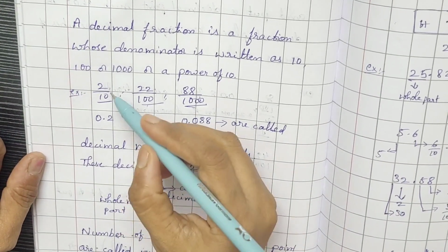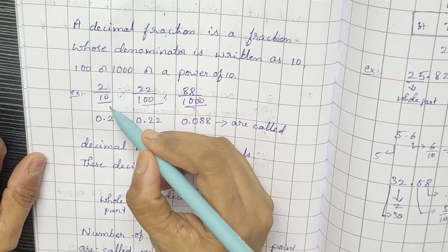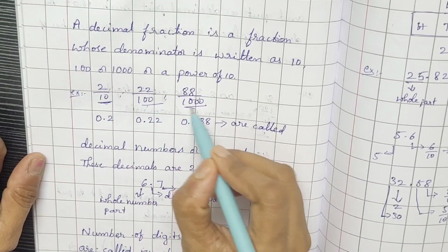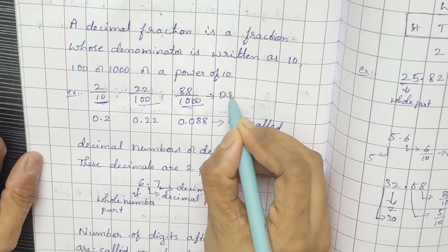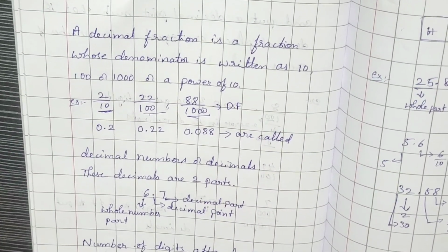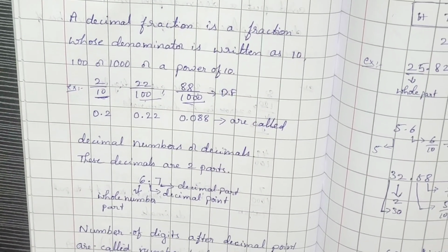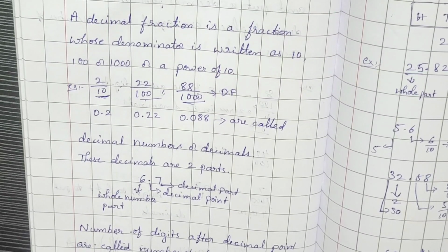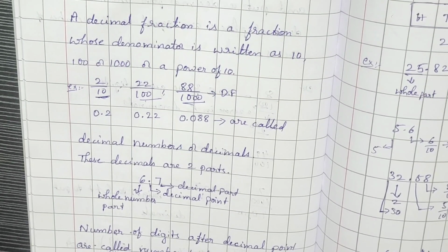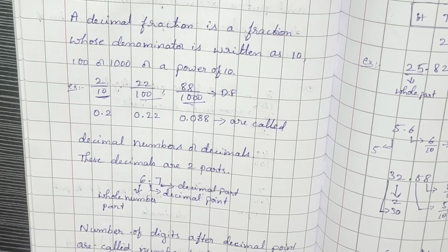So that is a fraction. This is called a decimal fraction, for example 2 by 10. So always in a decimal fraction, the denominator is 10, 100, 1000 or a power of 10.